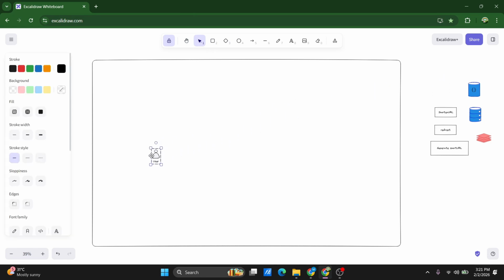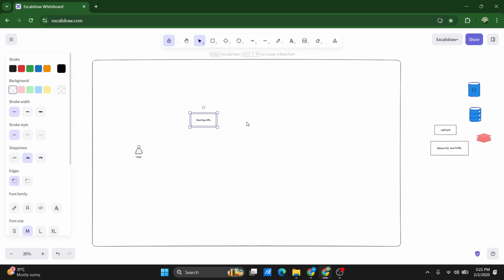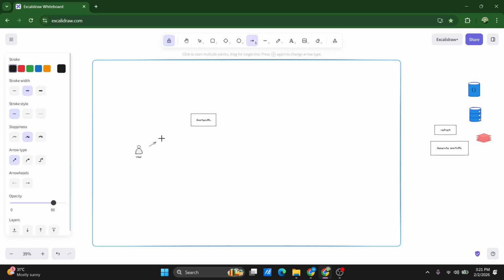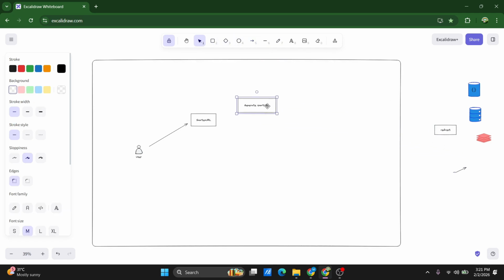Let us consider a user. Shorten URL service. When the user provides the long URL to the shorten URL service, then the shorten URL service calls the short URL server to generate the short URL.